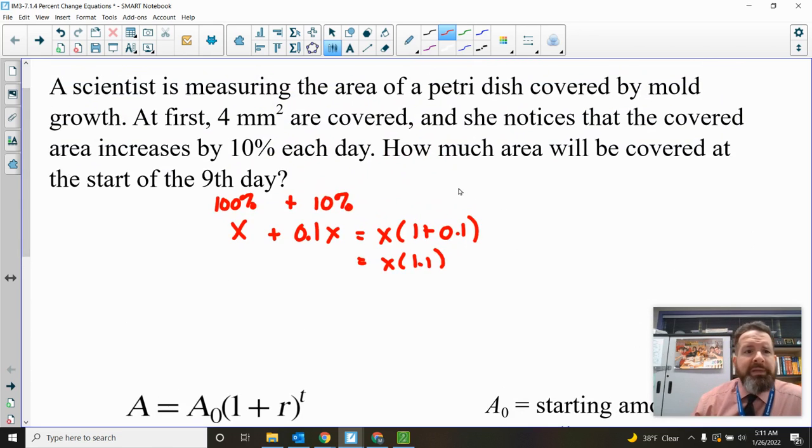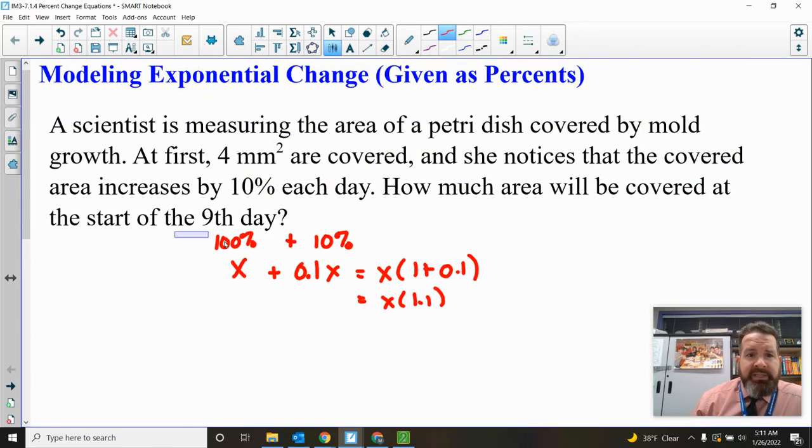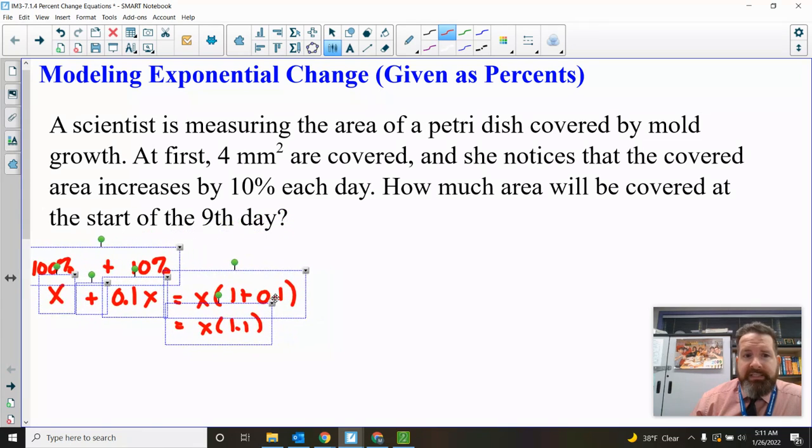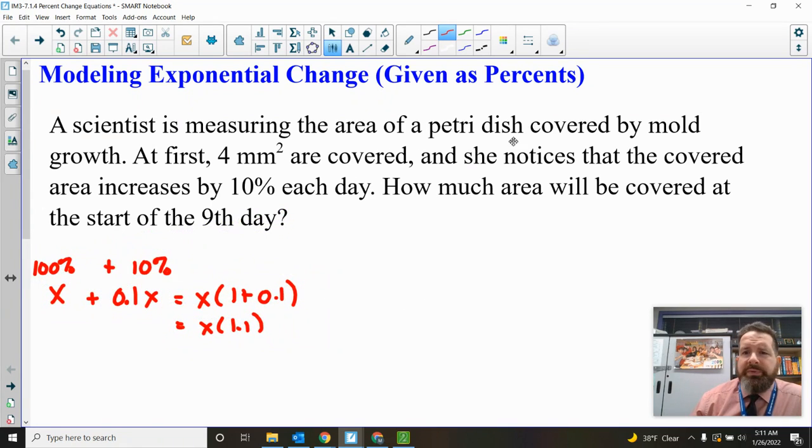Okay, then, here we go. So in our particular case, I'm just going to take this and move it over here to the side. We're measuring the Petri dish at first, 4 millimeters squared, covered, 10% each day, covered at the start of the 9th day. All right, here we go. So then, let's take our general equation, and here it is. I'm just going to rewrite it in variable form.